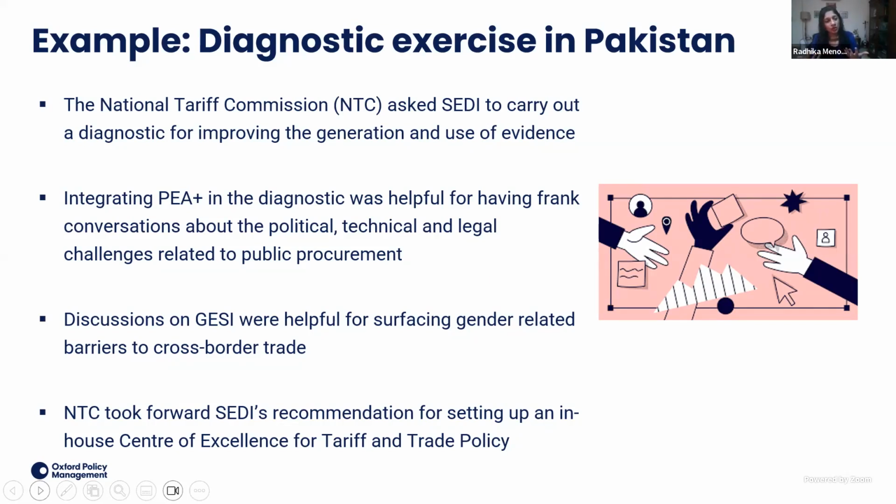But then when we started talking about evidence related to gender, the gender-related barriers in trade reform, I think it really started to open out alternative views. And I think this was a start to changes. Change may not have happened immediately, but it was a start to a shift in thinking. Next slide, please.